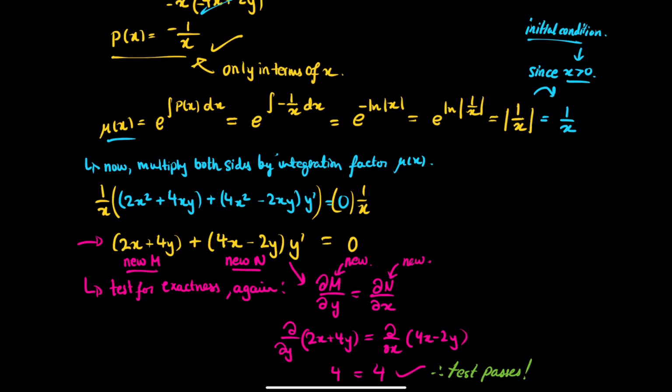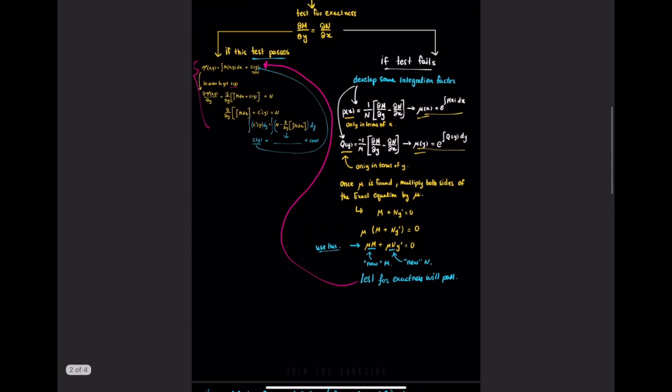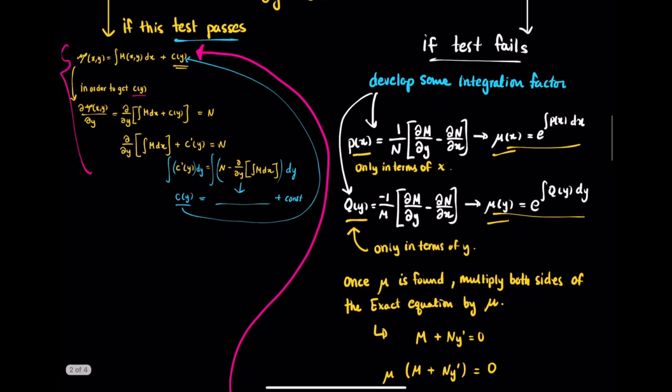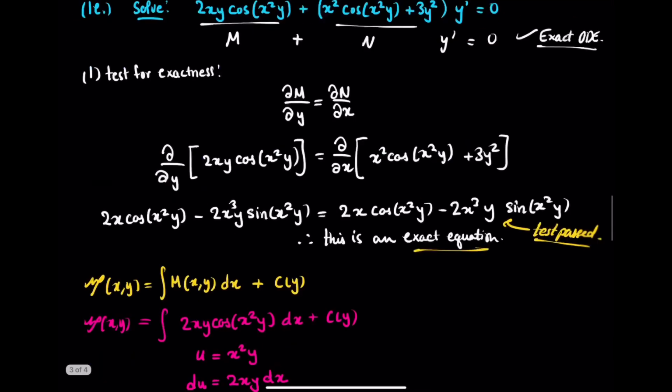Now this basically boils down to the first example that we did. We are currently right before the step of finding the psi. So let's find the psi. I'm just going to copy this.